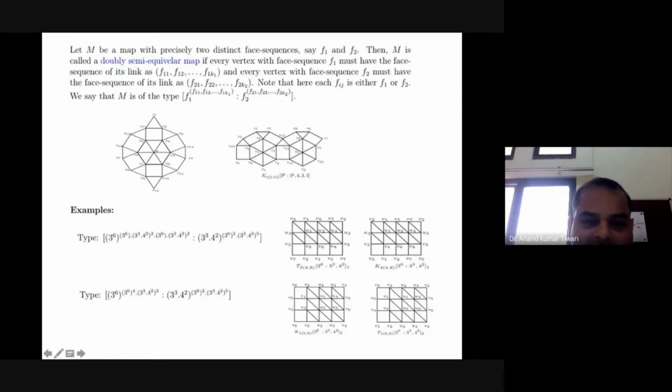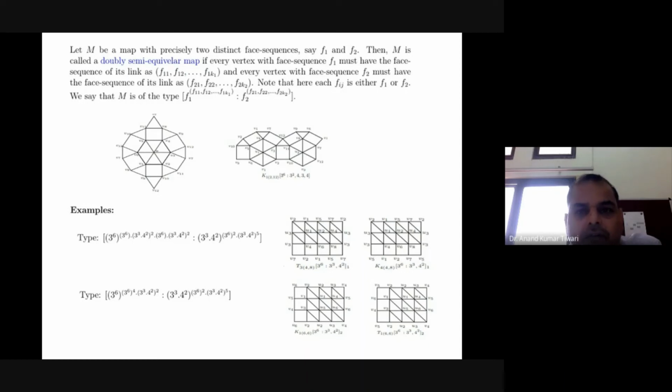So now we have enough tools to define doubly semi-regular maps, which is in fact a generalization of semi-regular maps in terms of phase sequences. So what is that? We say that a map is a doubly semi-regular map if it has two types of phase sequences, say F1 and F2.